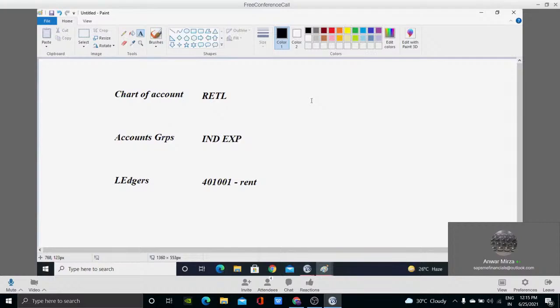Now, coming to my first point, I asked you a question about the chart of accounts. Will you still say that this is a list of accounts? Yes, sir. Does this activity concern the list? No, right? This is just a name which we have given to a structure of accounts.